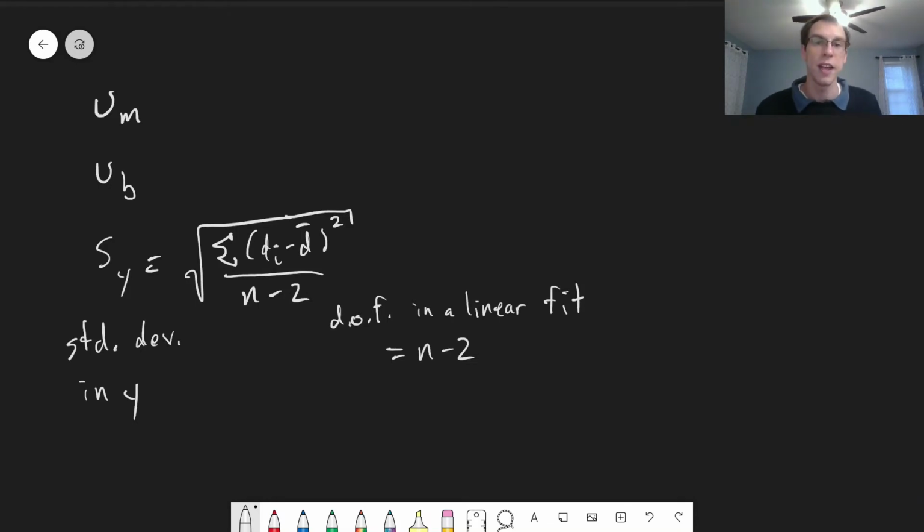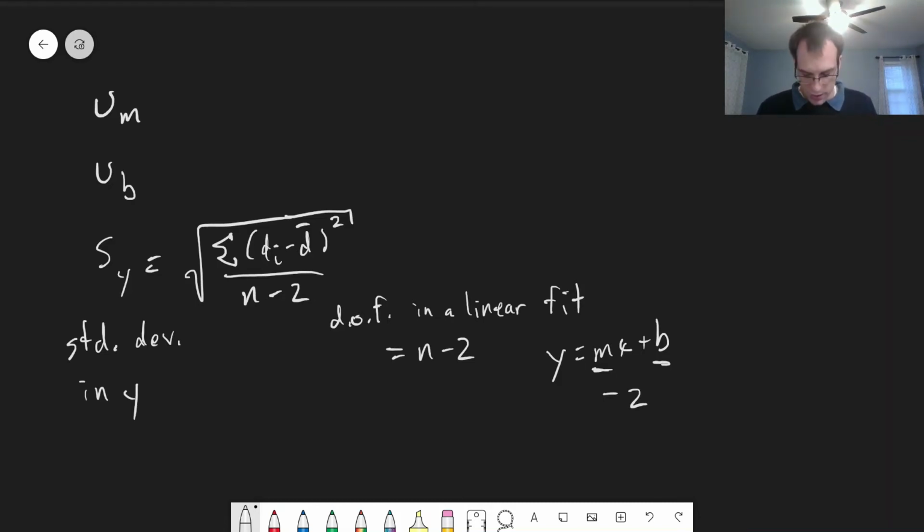So this is one of these cases where it's not just n minus 1. For most cases, the degrees of freedom will be n minus 1, but for the fitting of a line, because we have two parameters that we fit, right, we're fitting to this y equals mx plus b, because we fit m and b, each of those subtracts a degree of freedom from our fit.